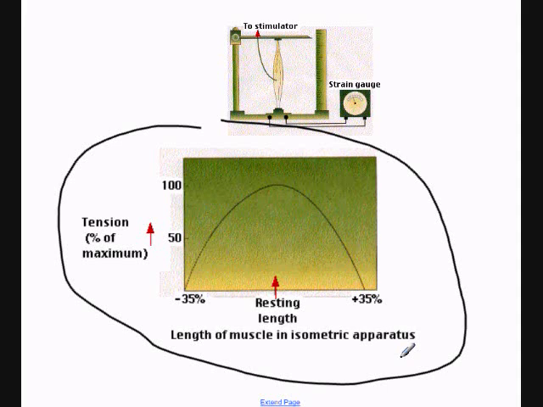And that's what's happening over here on the y-axis. So when we find that perfect length where we get the maximum amount of overlapping, we get the maximum amount of tension. But as we try and push them closer and closer together, we start losing some of that. It gets too contracted, really, and you actually start getting less cross-bridging per unit and get less tension. Similarly, when you're way over here and they're farther apart, you actually get less tension.